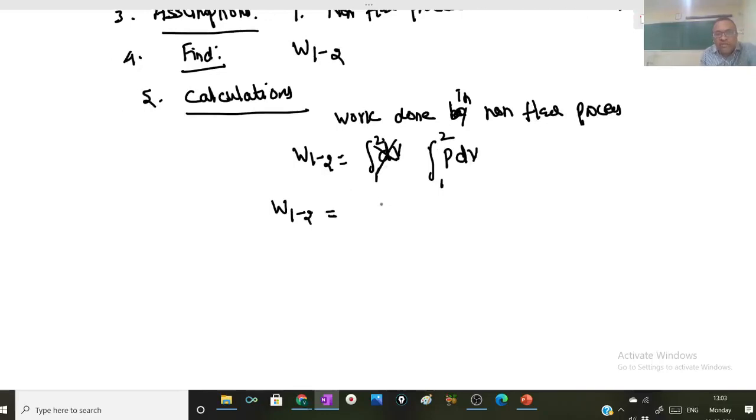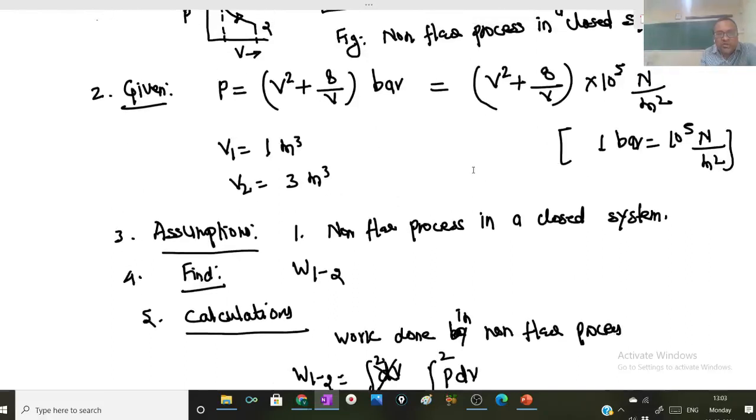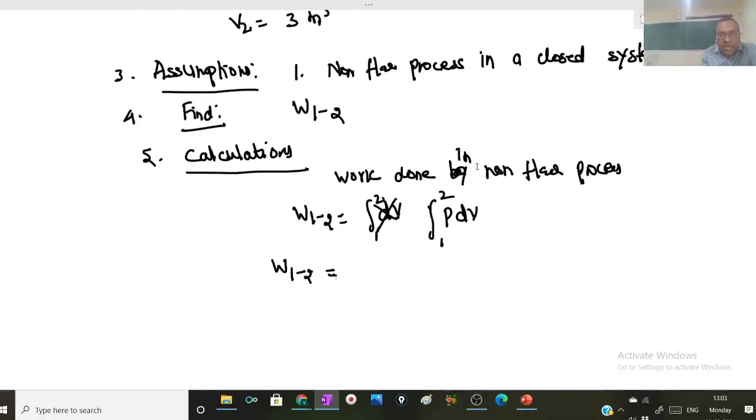Now, in this problem, we have been given the relationship between P and volume. P is equal to V square plus 8 by V into 10 to the power 5. So I can put here V square plus 8 by V dV and 10 to the power 5, and integration from 1 to 2.